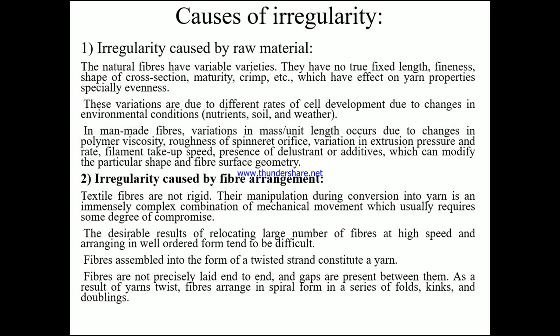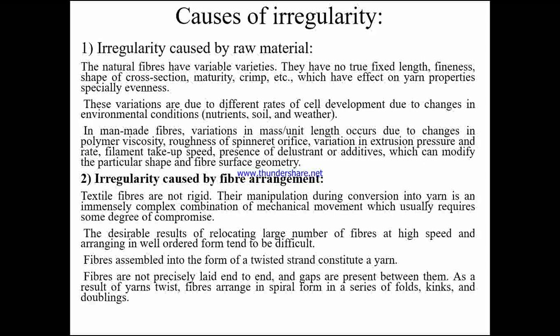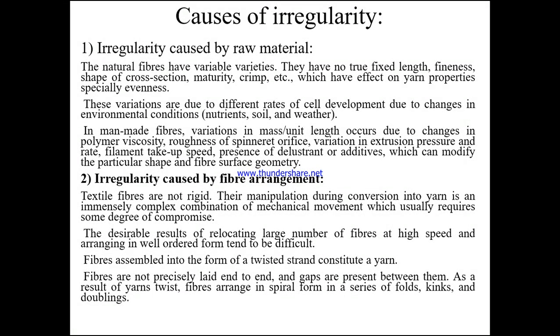They are not added in equal manner. You may be adding those additives in different concentration at different times. So then there will be the variation, which can modify the particular shape and fiber surface geometry. So these are the causes of irregularity in case of natural and synthetic or man-made fibers.